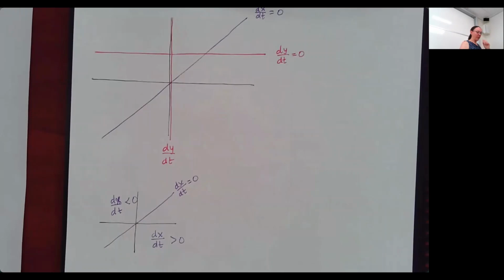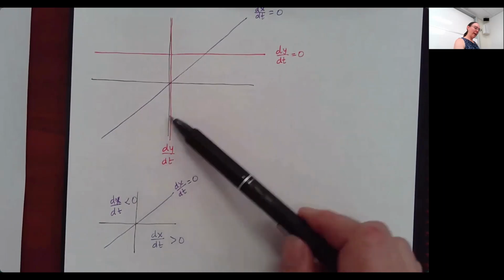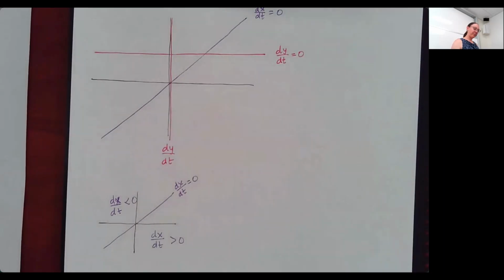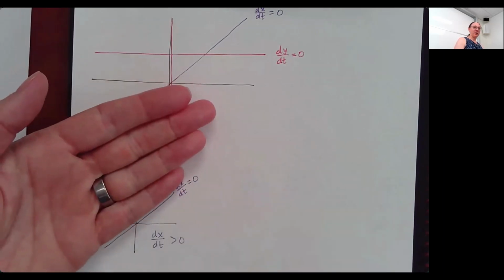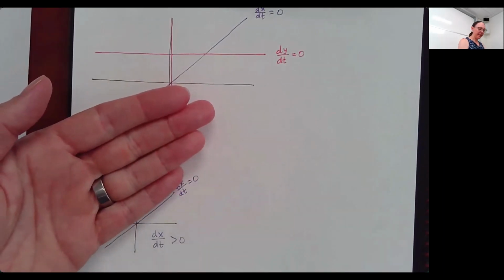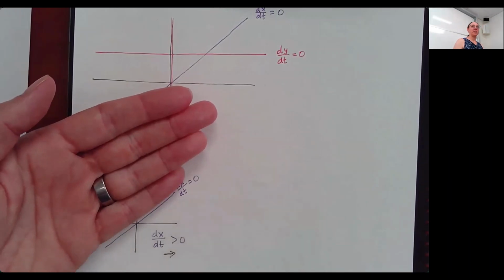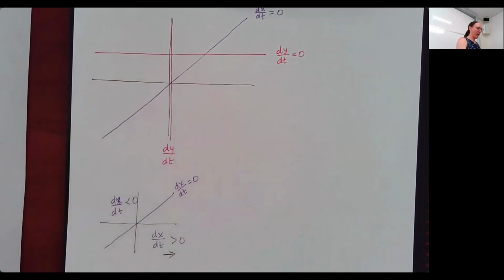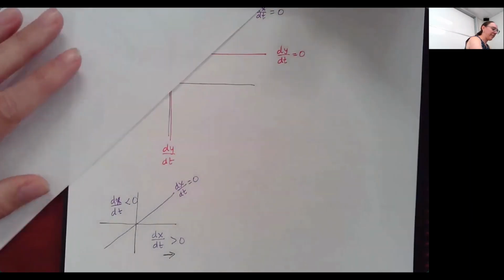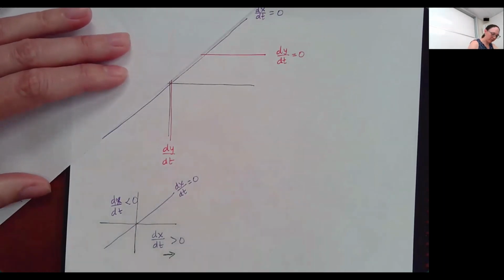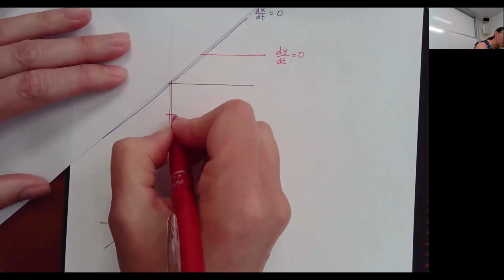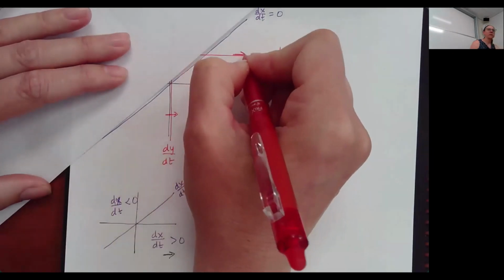And the way that I'm going to do that is any part of my dy dt null clines that are on this side of that y equals x line, this says my arrows have to point to the right. So on this side of my picture, all of my arrows have to point to the right. So on this null cline, I have to be pointed to the right, and on this null cline, I have to be pointed to the right.